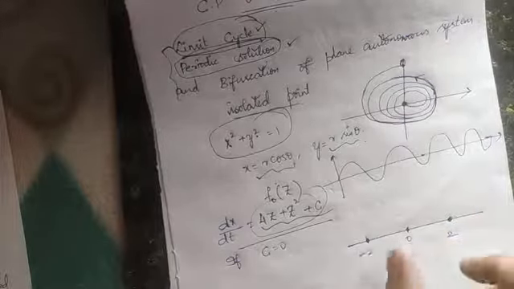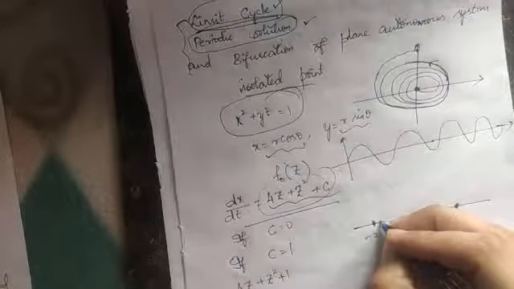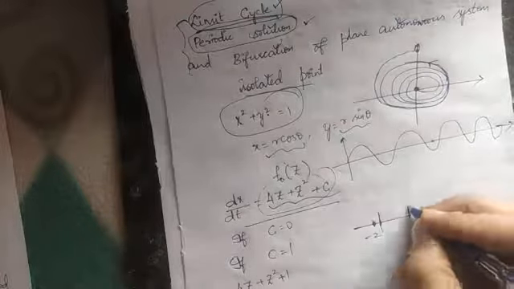If c is equal to 1, your equation will become 4z plus z square plus 1. In this case, if you plot a graph, the line will cross at these points. Graphically I am speaking.